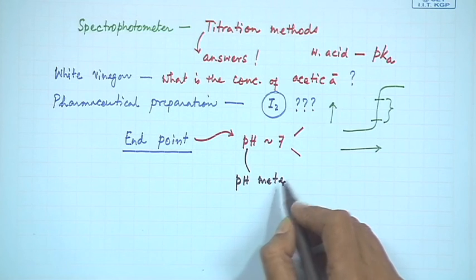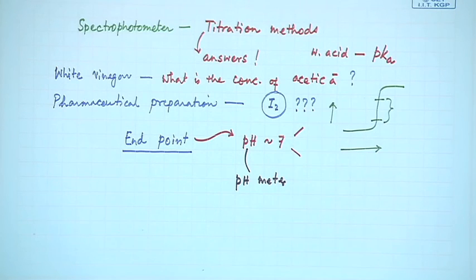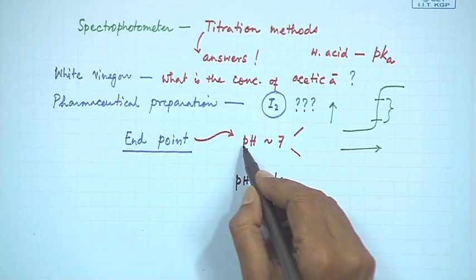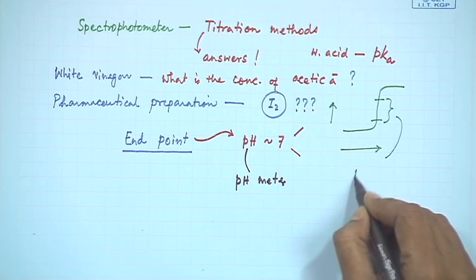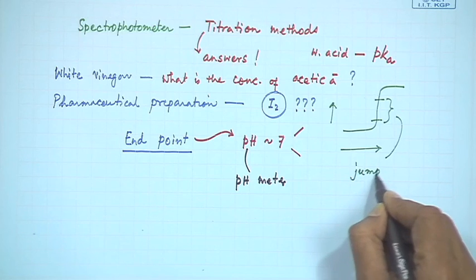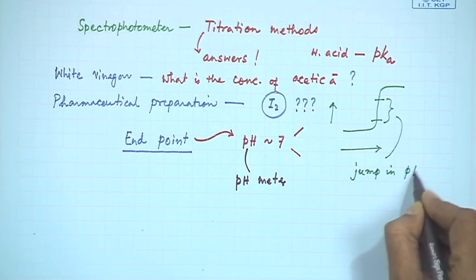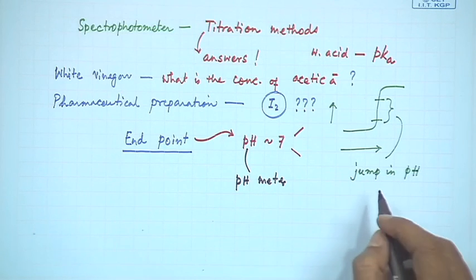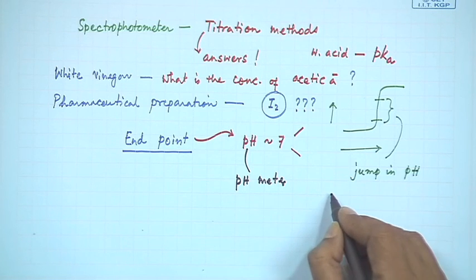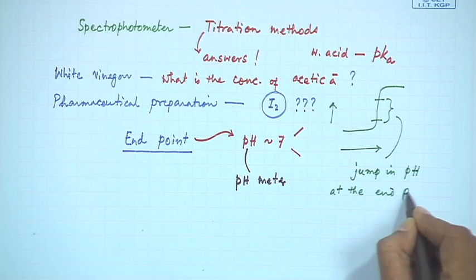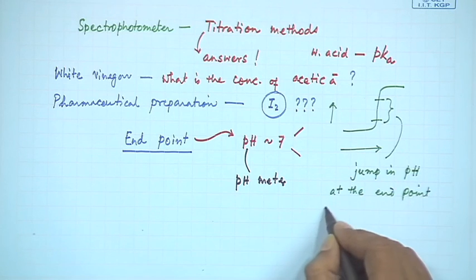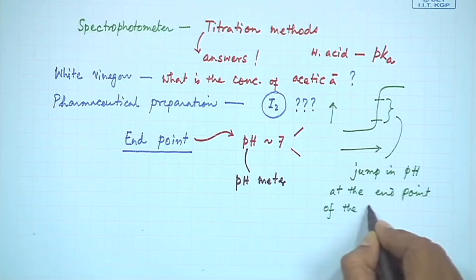So, this pH meter can measure the corresponding jump in the pH at the end point. This is nothing but your jump in pH. So, we have to detect that particular jump in the pH value at the end point of the titration.